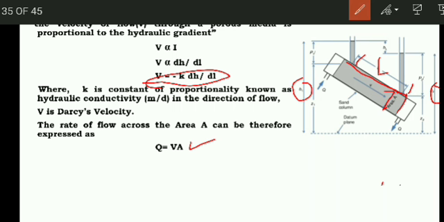Here Q is the discharge, or the rate of flow, across the area A. So we write Q is equal to VA.